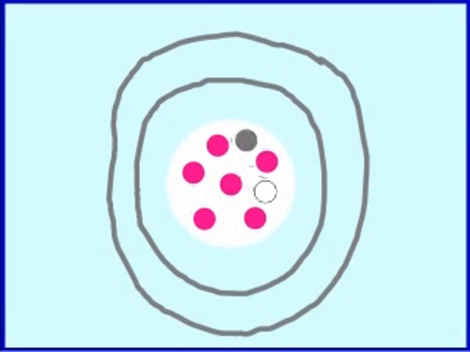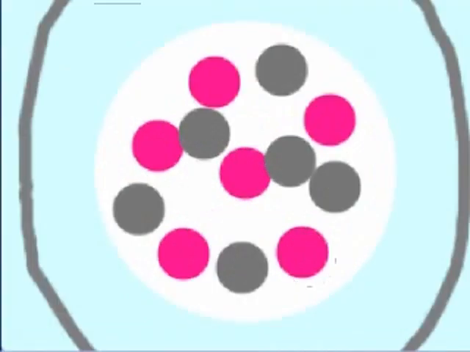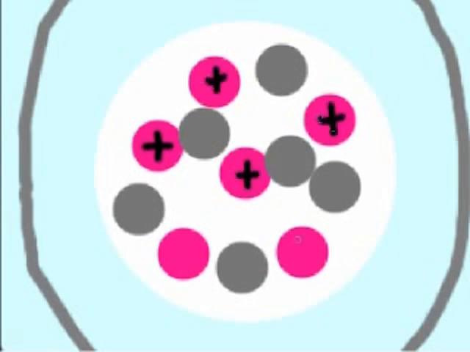We'll make them gray since they don't have any color. 2, 3, 4, 5, 6. Now for the pink particles, we said they have a positive charge, so let's give them a positive charge. And the gray objects, they don't have any charge.